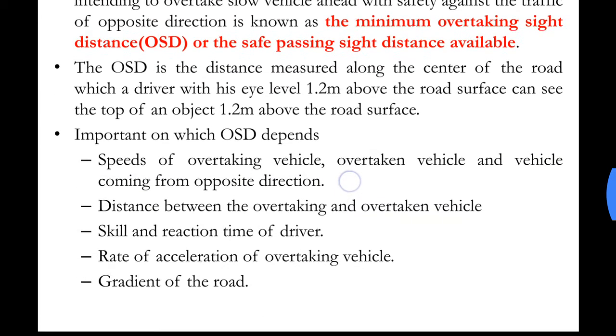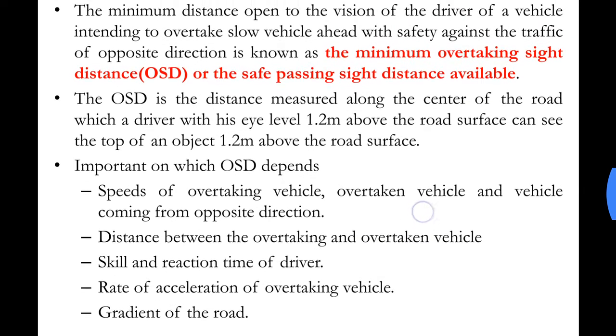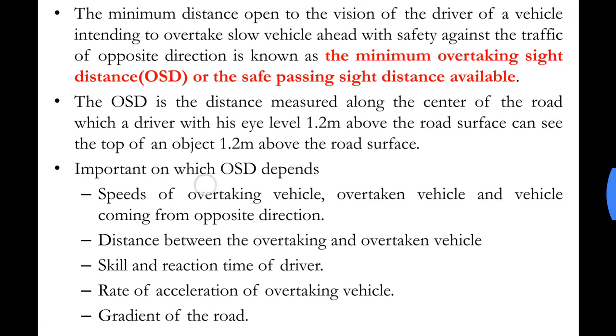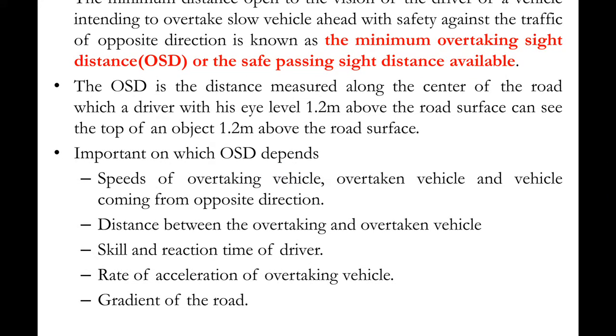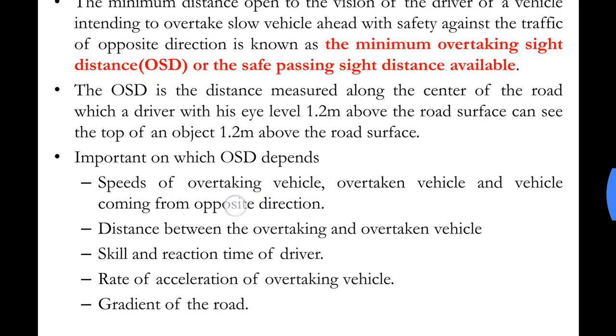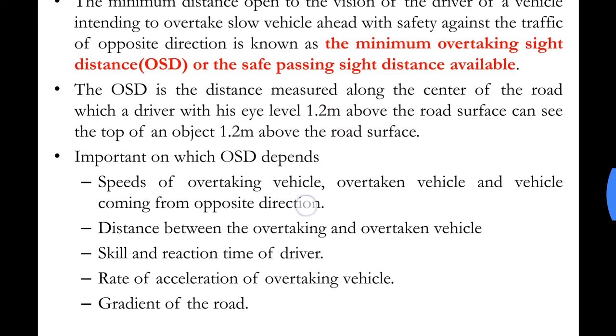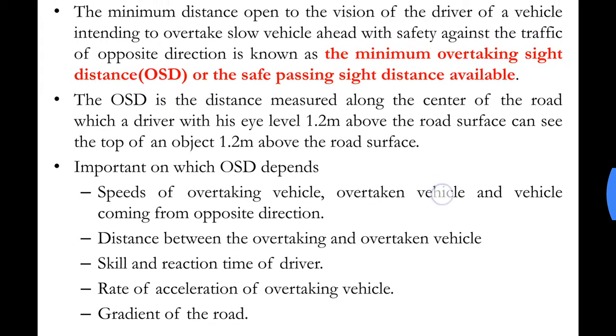Now when we try to derive the formula for OSD, we consider the overtaking vehicle speed as design speed and the speed from the opposite direction also as design speed, but the overtaken speed would be less.